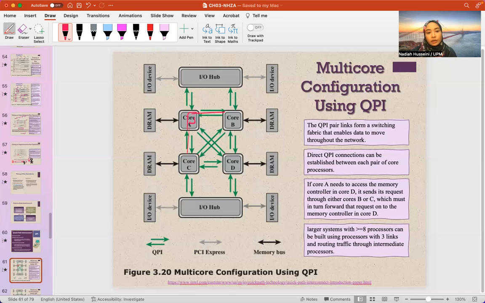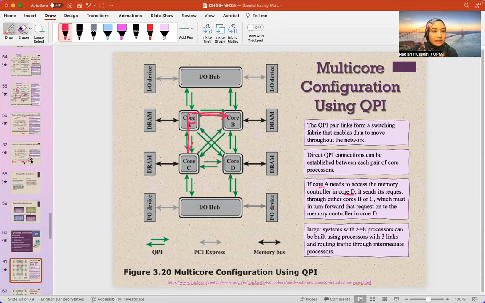So if core A needs to access the memory controller in core D, it sends its request through either core B or C. Core B or core C must in turn forward this request to core D over here.